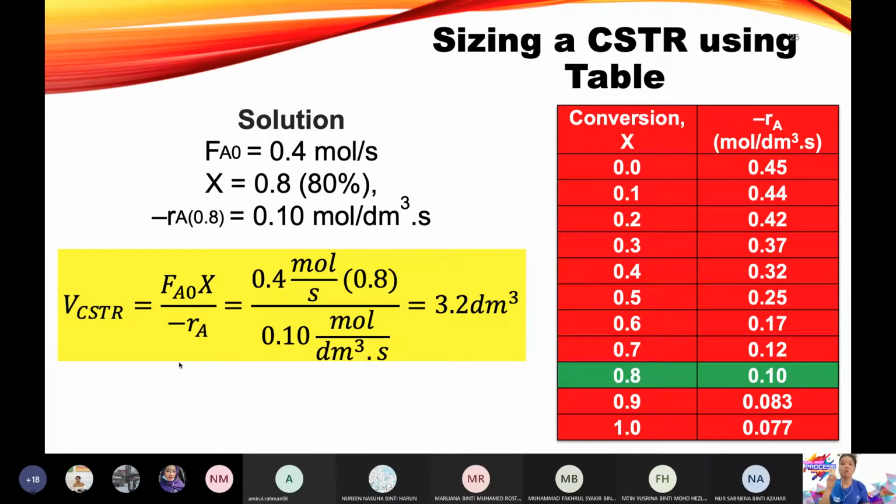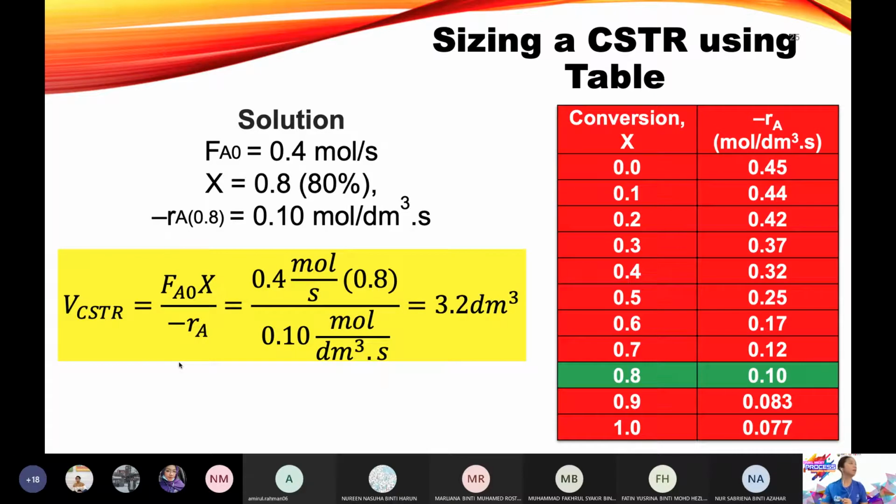Two unknowns, two equations. So if you have one equation, check whether there is another equation that relates these unknowns. Two unknowns, two equations. Three unknowns, three equations, and so on and so forth. As long as the number of unknowns is more than the number of equations, you will never be able to solve it. That's one way to solve, not only for reaction but for any other courses that involve engineering calculation. That is something you must really remember.